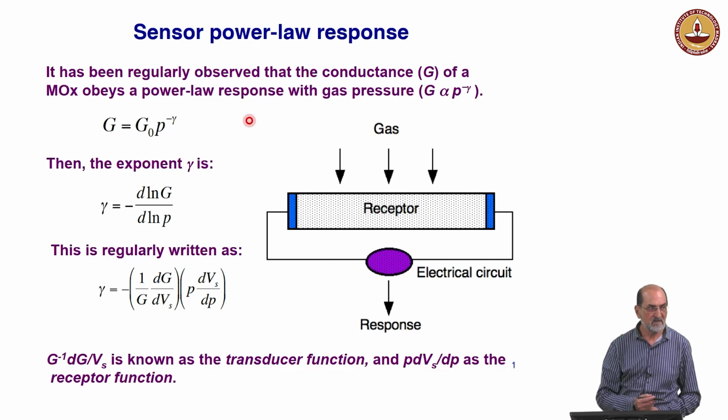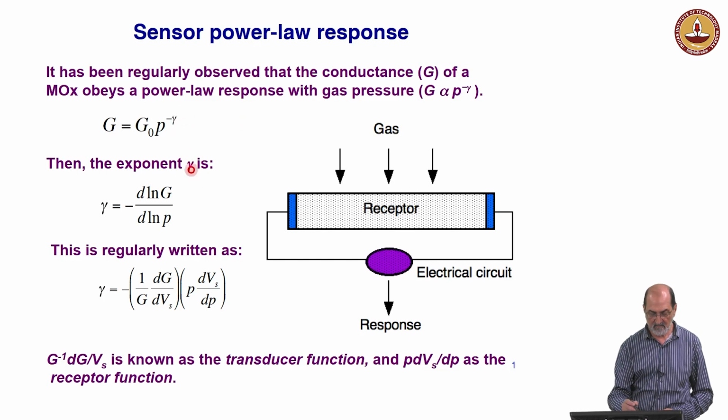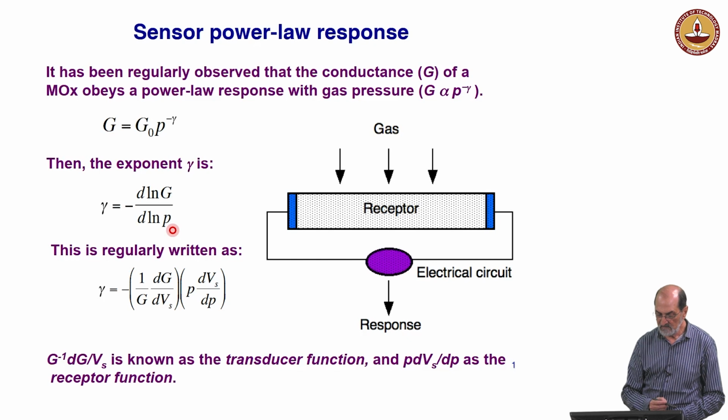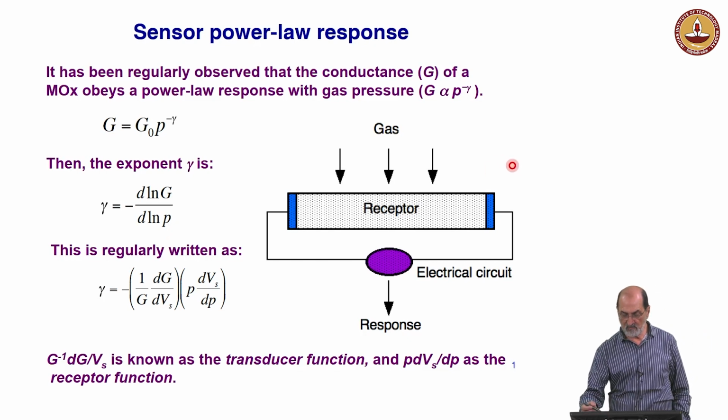It's not very relevant. If that is the case, then the exponent gamma you can derive from here. The exponent gamma is the derivative of the logarithm of the conductivity with respect to the logarithm of the pressure of the specific gas you are testing. Experimentally, what we have is the sensor film. Here is the gas, and as a consequence of the presence of the gas, what is going to change is the conductivity.